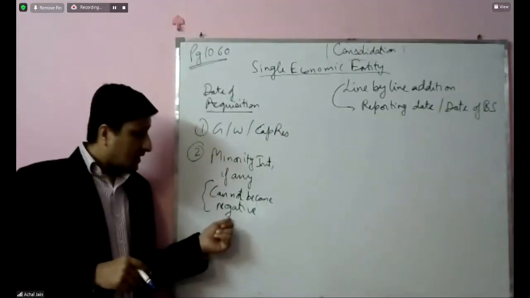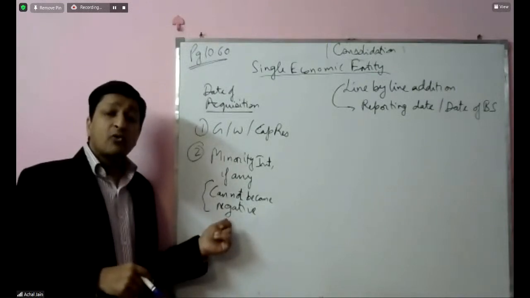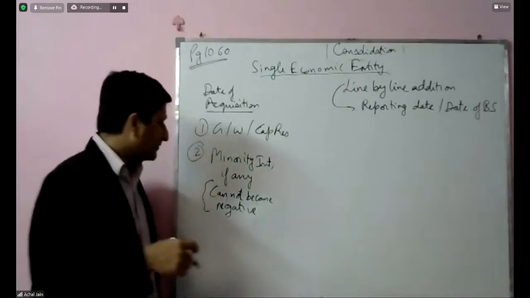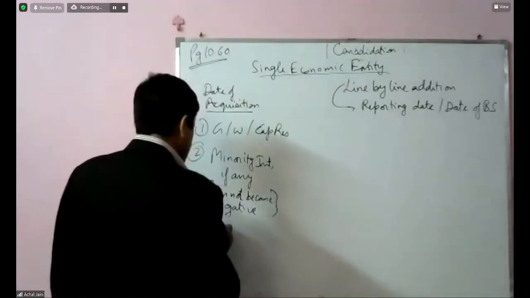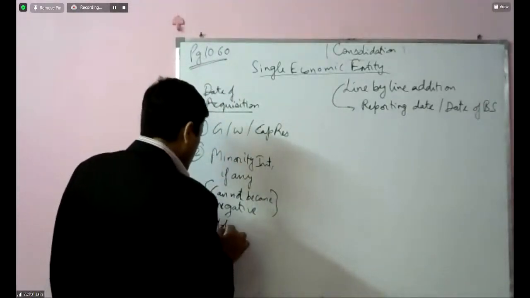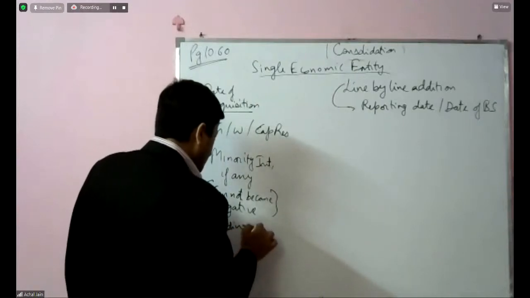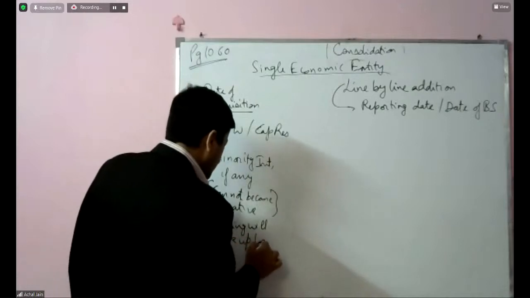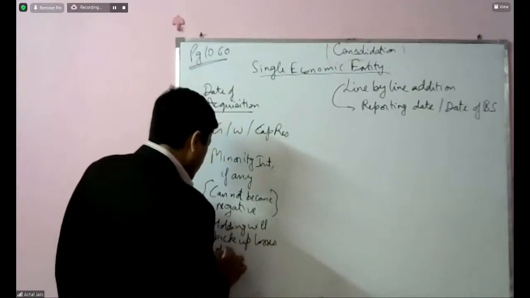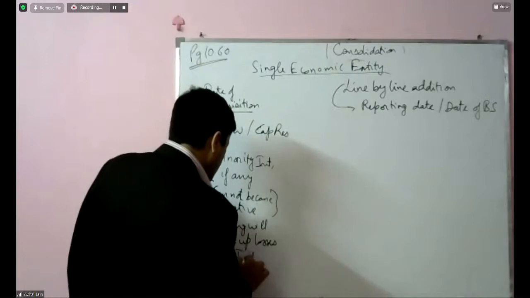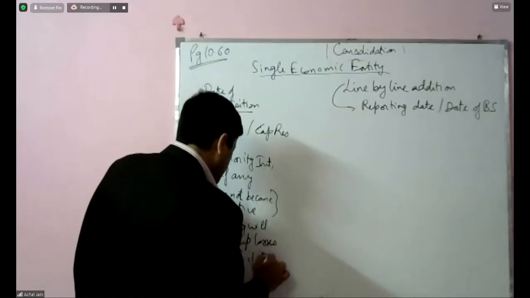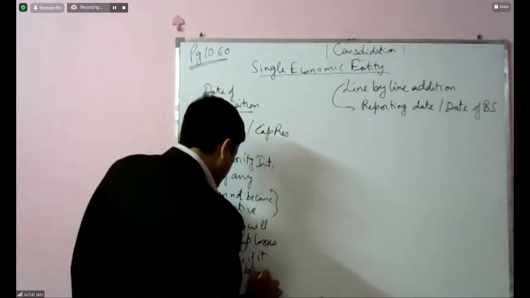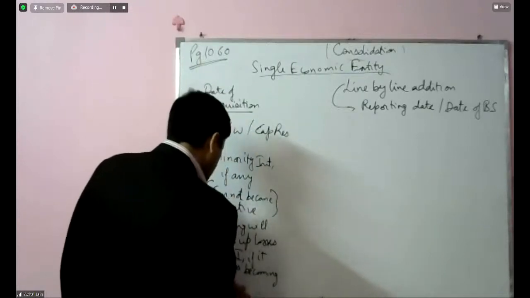So if this cannot become negative, who will take up the losses of minority if it starts becoming negative? Holding will pick up losses of minority if it starts becoming negative.